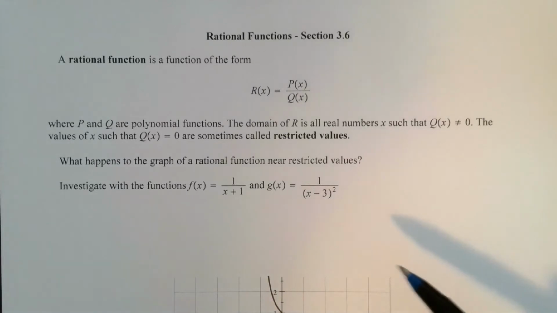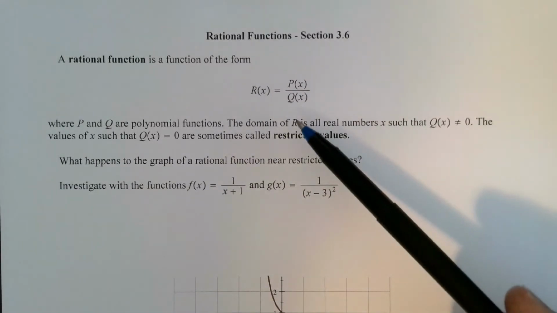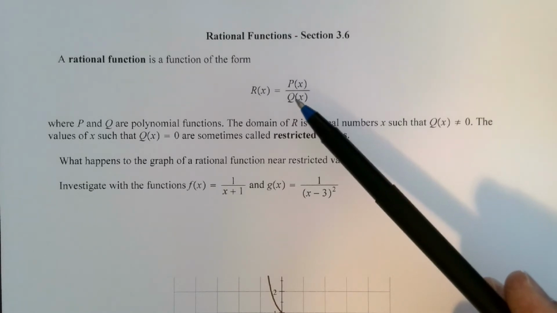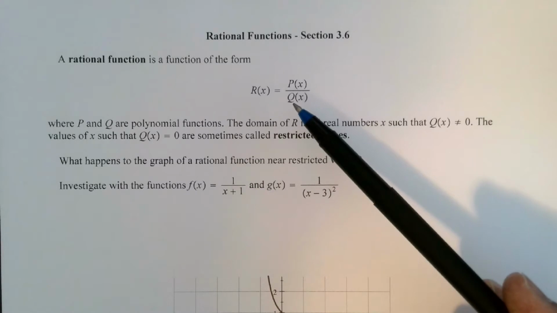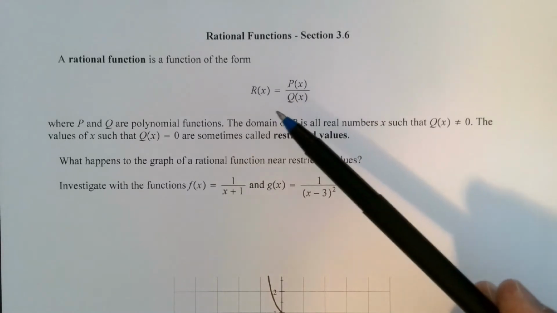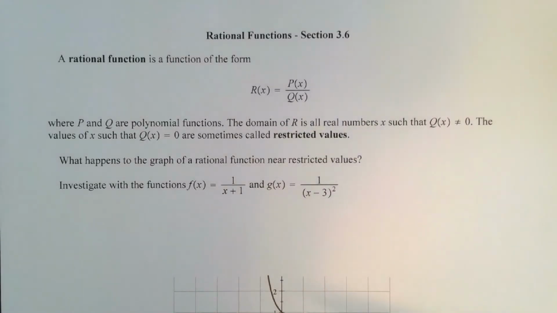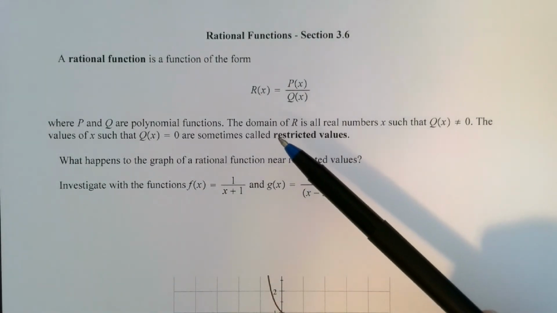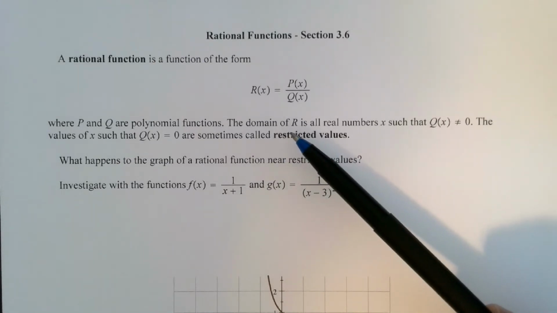First of all, you might recognize that when we're dividing, we do have a concern about dividing by zero. If I divide by zero, remember, that's undefined. And so, unlike polynomial functions whose domain is always all real numbers, rational functions' domain sometimes is not all real numbers. And so what is the domain of rational functions?